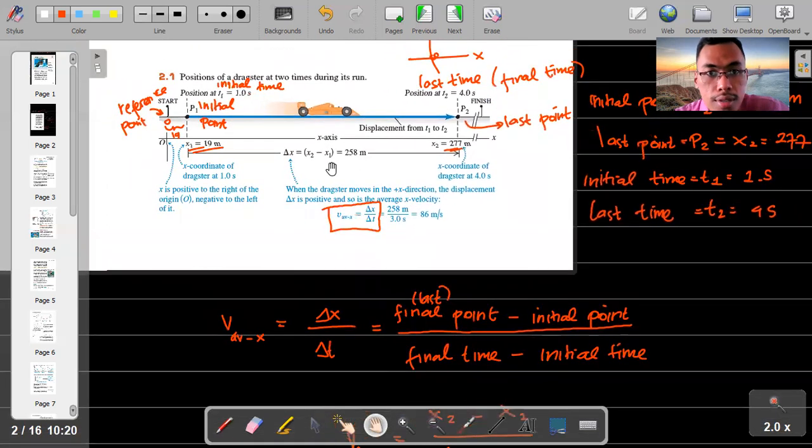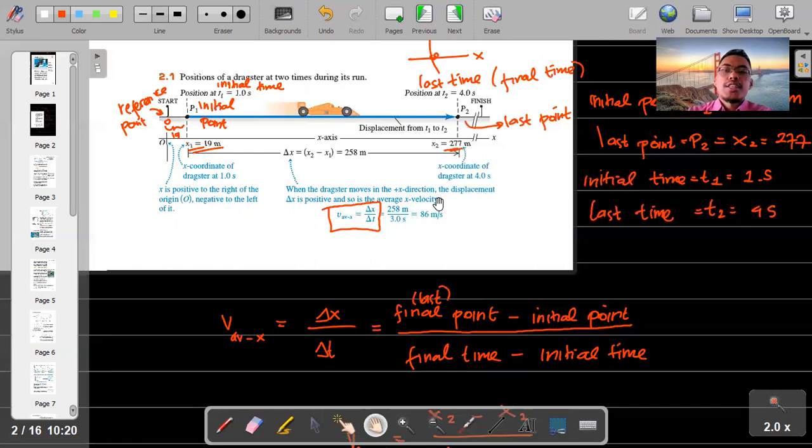So x2 minus x1 is 258 meters, and for the delta time, from point P1 to point P2, 4 minus 1, it's 3. So 258 divided by 3, and the answer is this number.